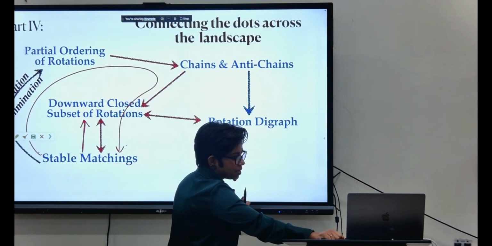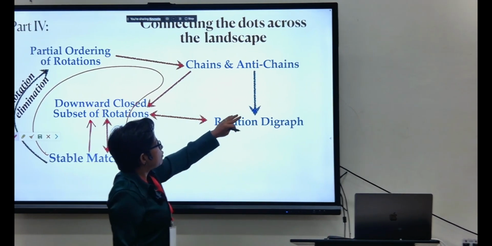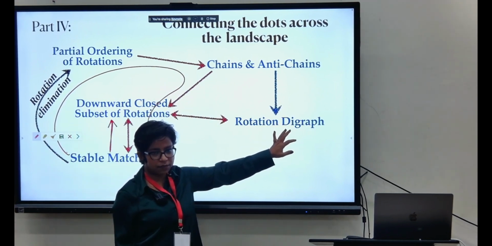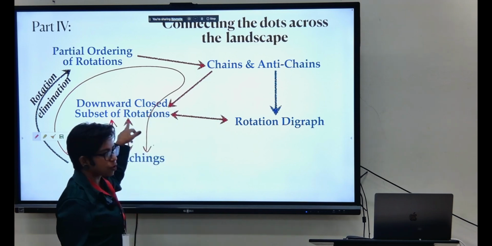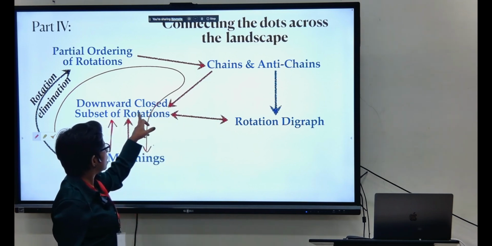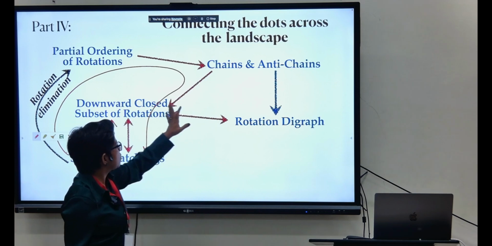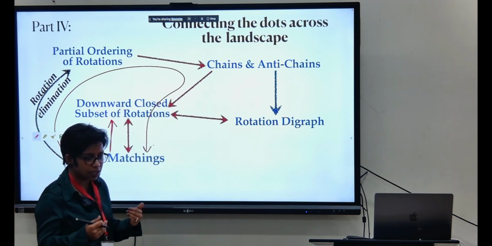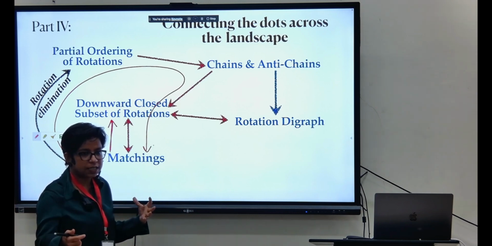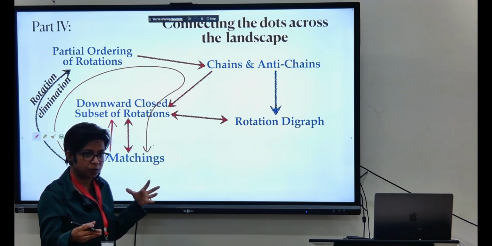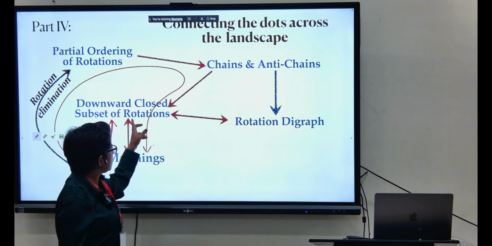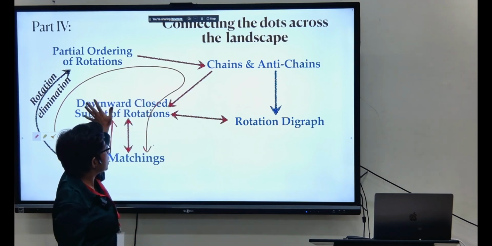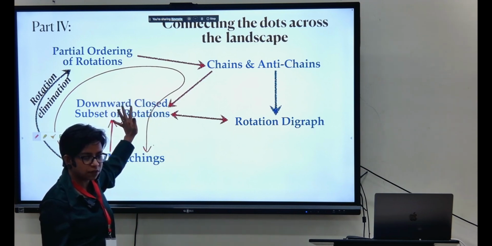Now, here comes this thing. If I just ignore all of this, just knowing the rotation digraph and knowing this property, I have a way, in the rotation digraph, to look at the downward closed subset of rotations, which is basically literally the transitive closure, the vertices that can have a directed path to me.